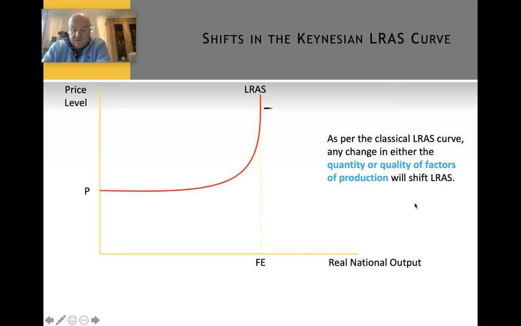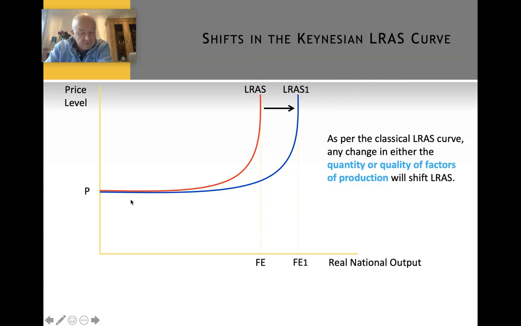If that were the case, we'd still have that same shaped curve, but when we're talking about getting towards full capacity, the overall ability to produce at full capacity, where we've improved the quantity and quality of factors of production, will shift the LRAS curve out to the right, in the same way. So we've got a new level of full employment, FE1, where we've improved the quality or the quantity of factors of production. So we've shifted the overall productive capacity outwards to the right.